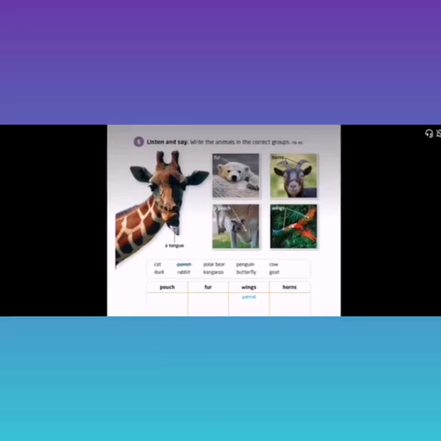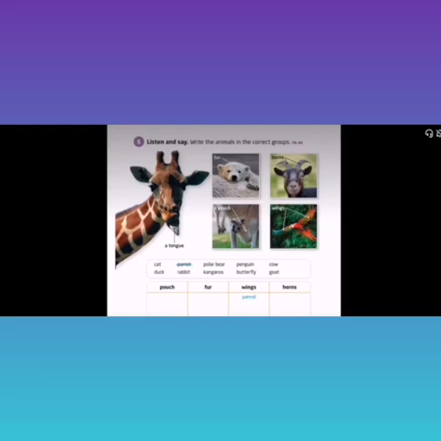Excellent. So now I'm going to say the description for each picture. Okay, the first one, a giraffe has a long tongue. La jirafa tiene una lengua larga. Next, a polar bear has thick white fur. El oso polar tiene un pelaje grueso y blanco.